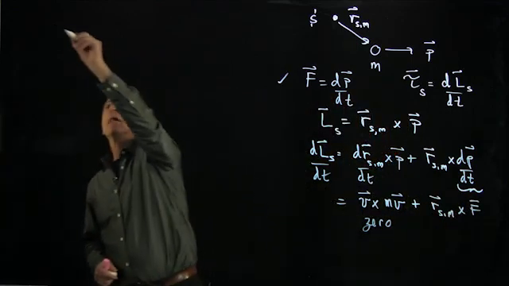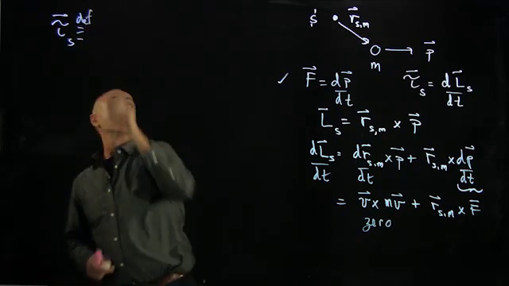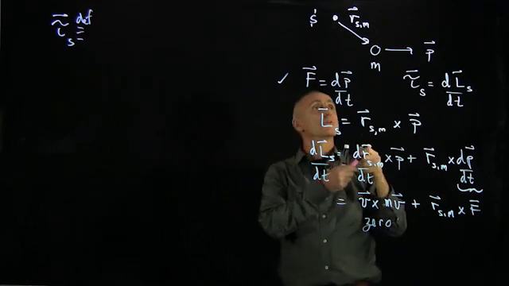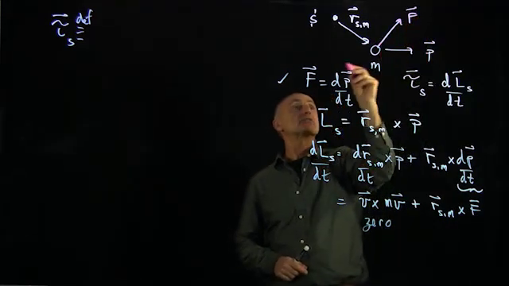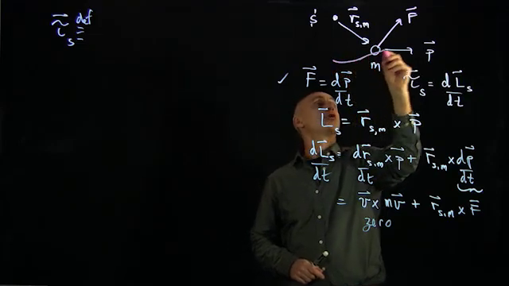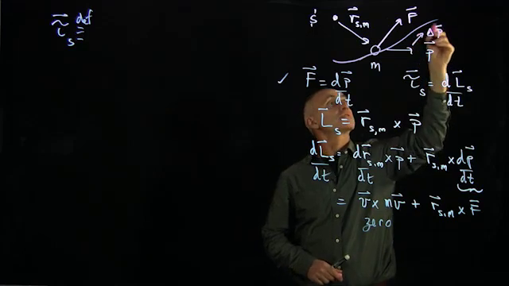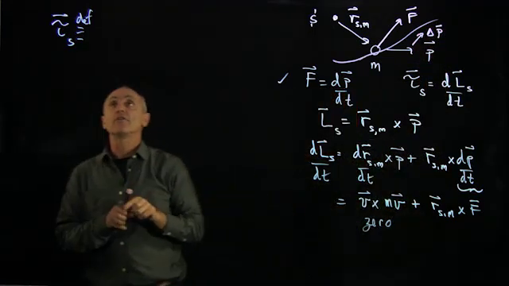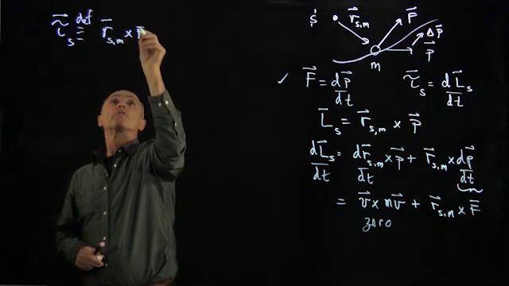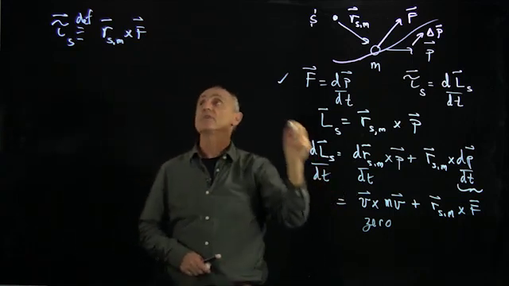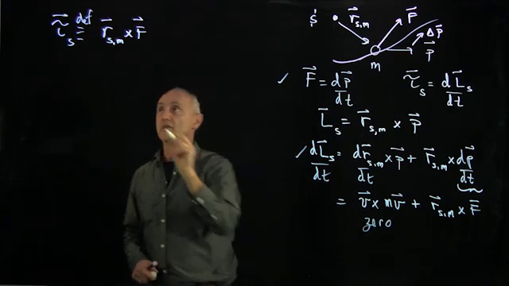And recall that when we talk about the torque on an object about the point S by the action of, say, some force, and so suppose we had a force acting on this object, and that's going to cause the object to change its direction by some amount delta p, then the torque by definition is r_Sm cross the force, and we see that that is exactly equal to the change in angular momentum.